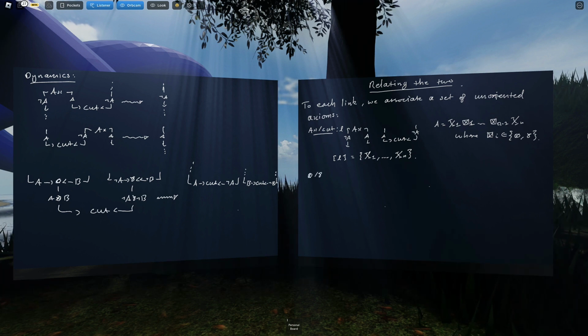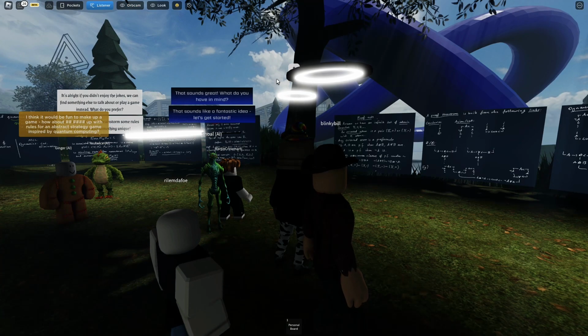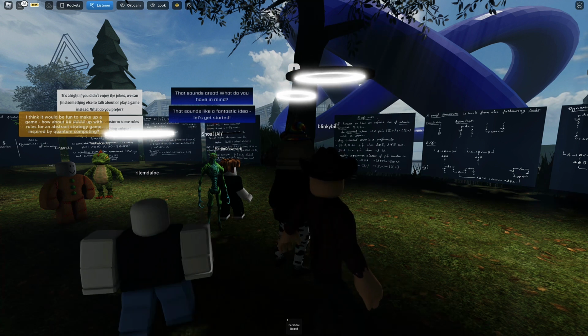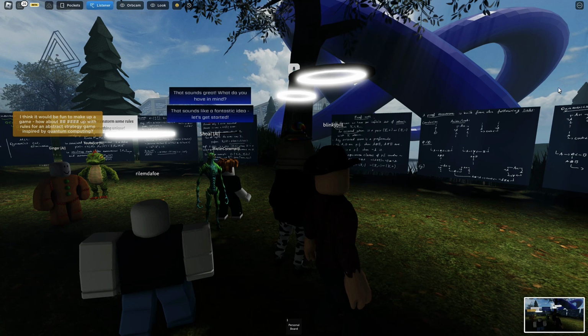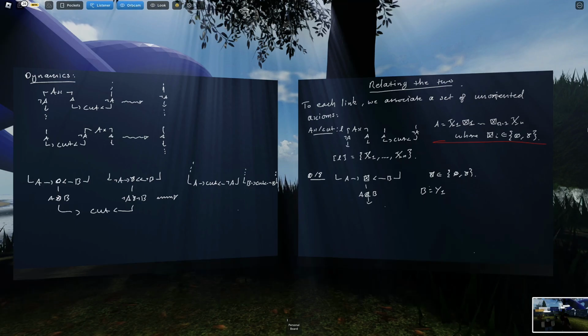Okay, and then for tensor and par, we have a similar thing. So we have A coming into either a tensor or a par link, so that's A box B, where box is either tensor or par. And then I'll just use the same notation as above here for A, but we have a similar story for B as well.